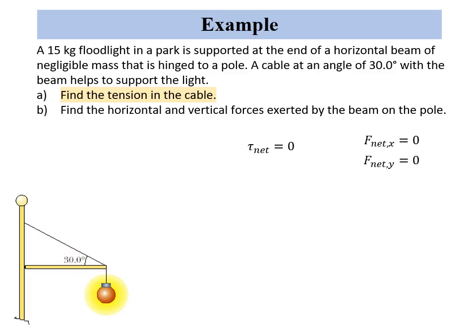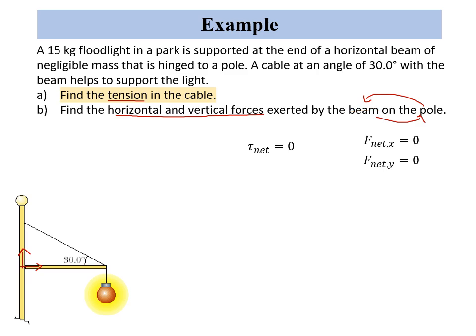In addition to that, there has to be some support forces from the pole on the beam. The question is asking us to figure out what is the tension in the cable, and then it asks us to figure out the horizontal and the vertical forces that are exerted by the pole on the beam. There's a typo here. These two words should be flipped.